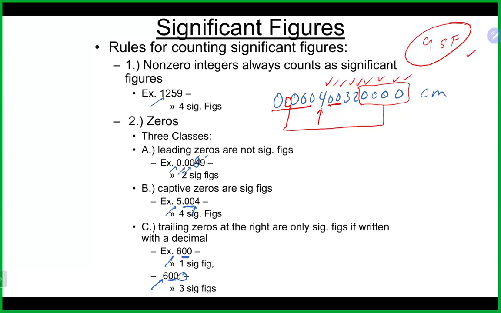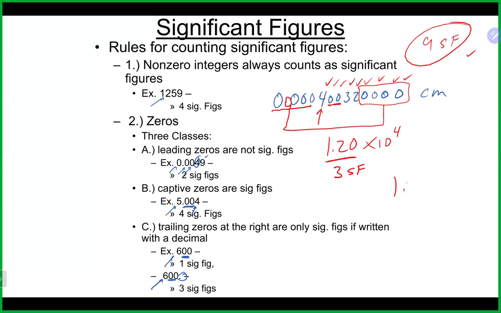Questions on that? Now, we talked about writing numbers in scientific notation. Remember that when we write a number in scientific notation, all the numbers that come before the times 10 part are significant. So if I write 1.20 times 10 to the 4, this would have 3 significant figures, as all those numbers before would be significant.